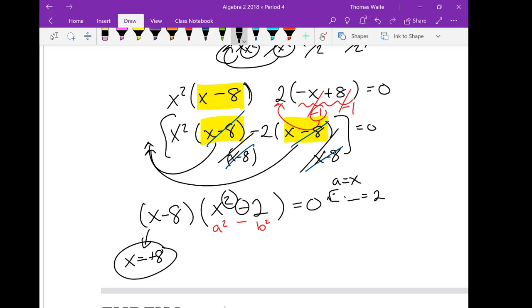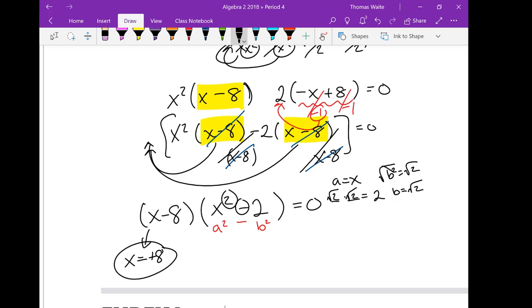The square root of 2 by definition is the thing times itself that gives you 2. Another way to look at this is we could say b squared is equal to 2, and then take a square root of both sides. So b is going to be equal to the square root of 2.